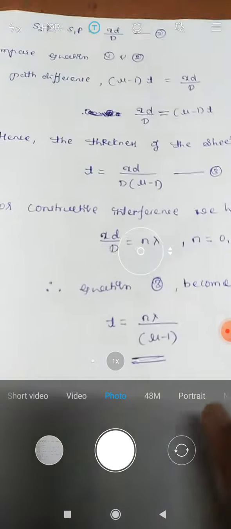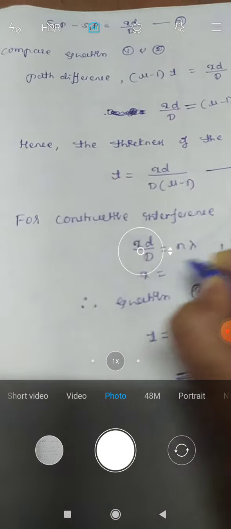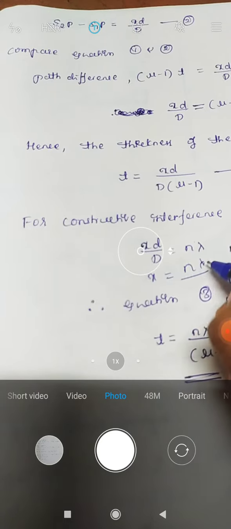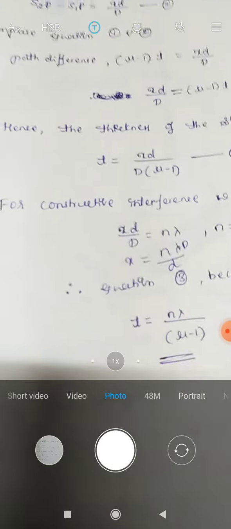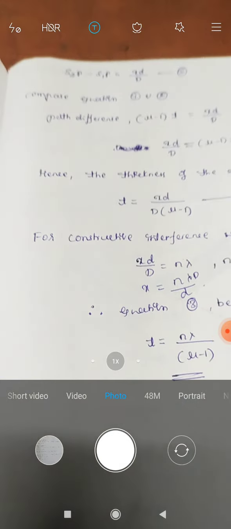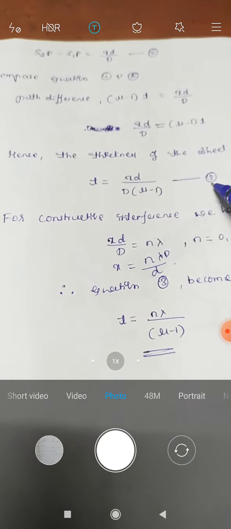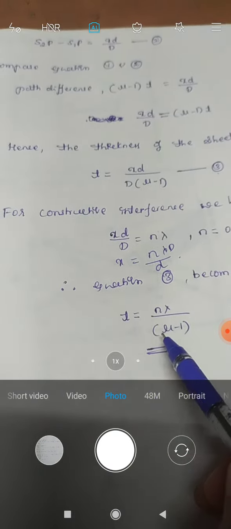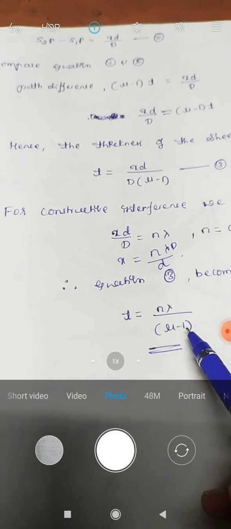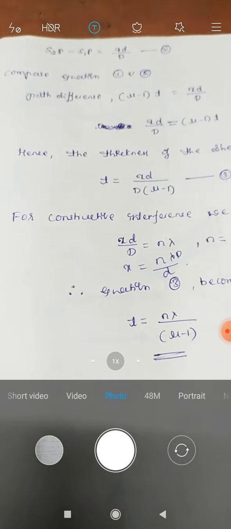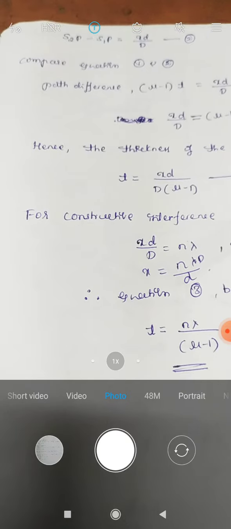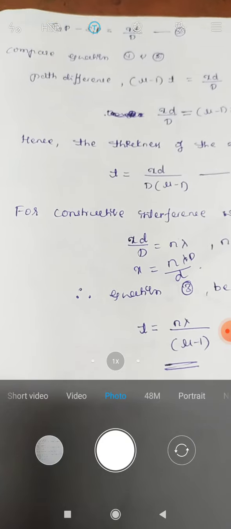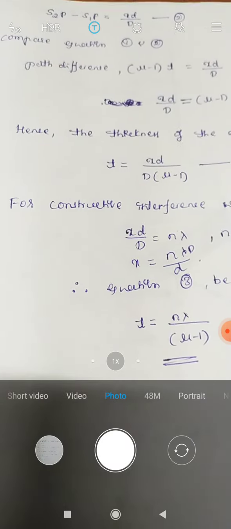This x we can write as x is equal to n lambda into D by d. Substitute this value in equation number 3. So here we get T is equal to n lambda by (mu minus 1). This is the expression for the thickness of the sheet introduced between the source and screen.